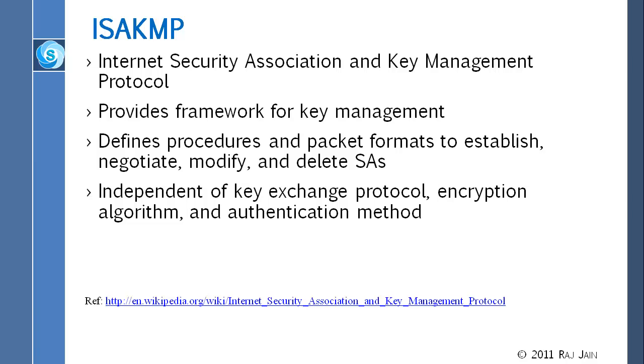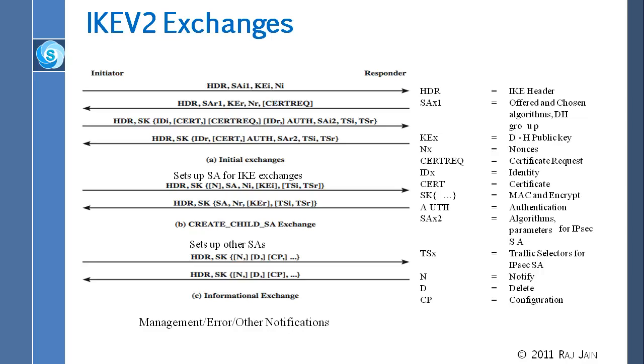And so it defines the procedure and the packet formats to establish, negotiate, modify, and delete security associations, SAs. It is independent of the key exchange protocol, encryption algorithm, and authentication method. So basically you could use any exchange protocol such as we talked about, public key, private key, whatever, but it has certain protocols, certain messages that have been formalized.